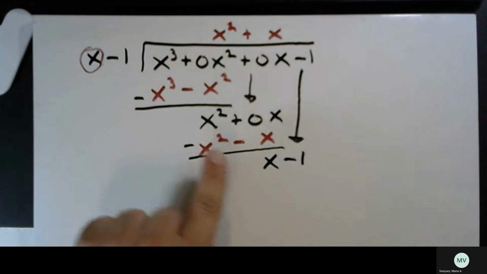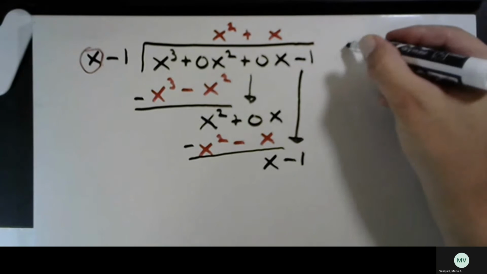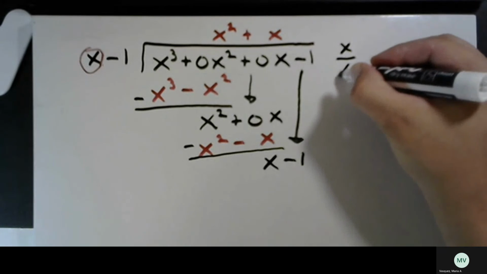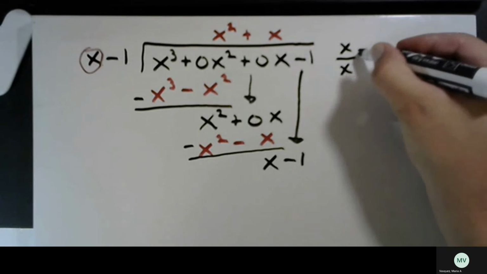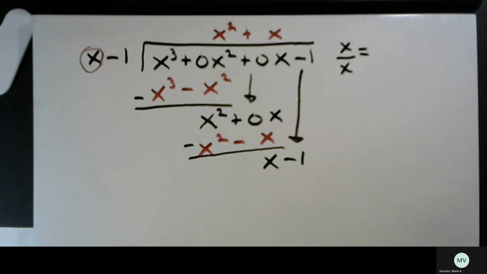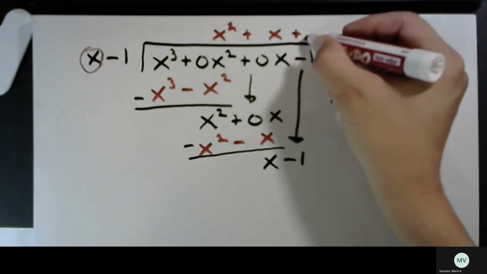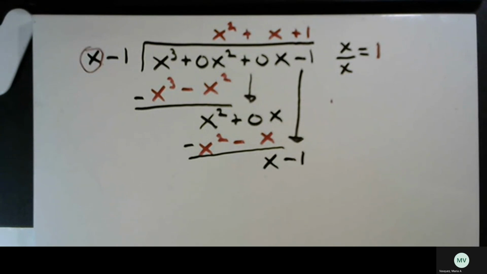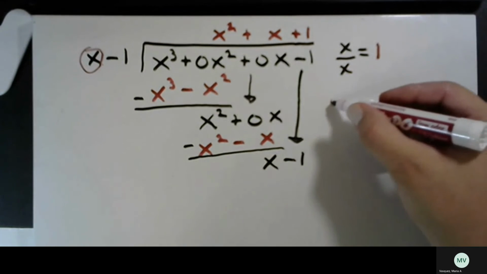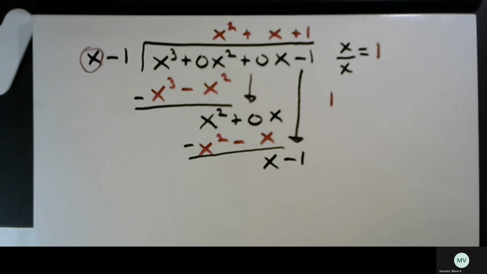So again, first terms, first terms. So it's a positive 1, so we'll call the plus 1. Then we multiply that.